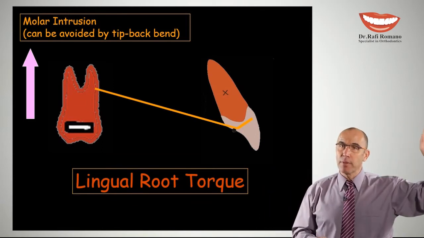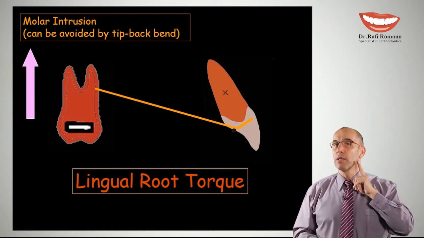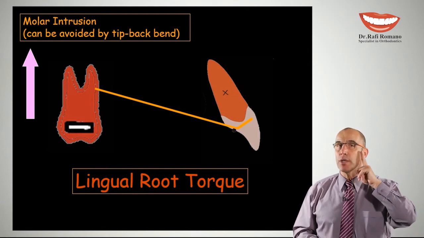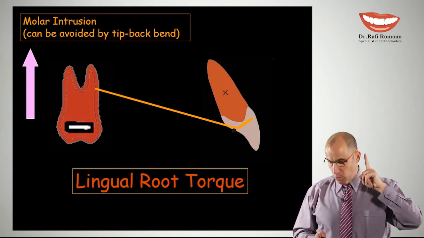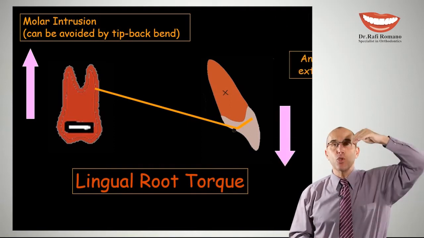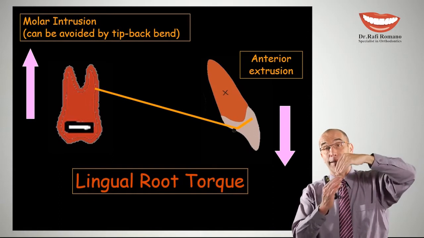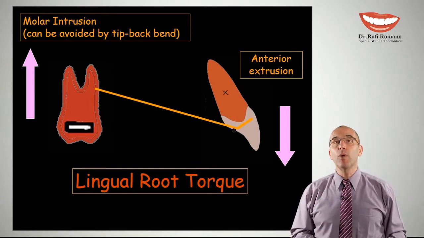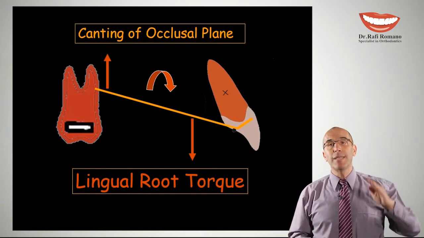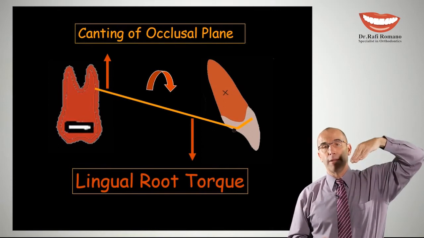This up tendency will create some intrusion in the molar area, will create also extrusion in the front, which will help you to close open bite cases, for example, and will help you also to tilt the occlusal plane.